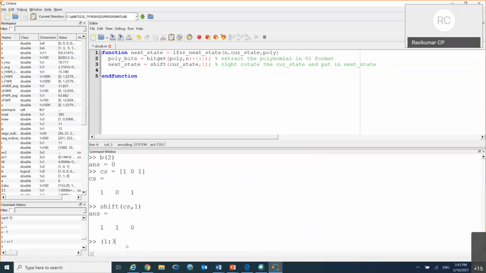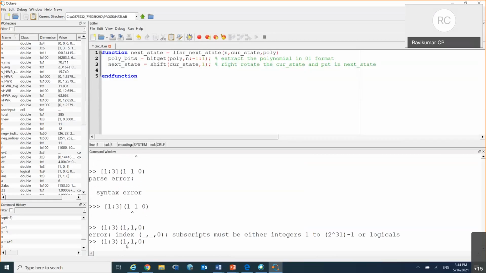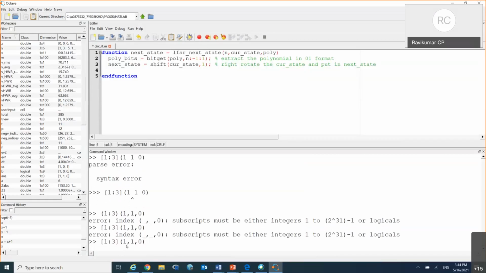If I say 1:3, right, and I do 110, what is a good way of extracting the indices? How do I extract the last two bits?